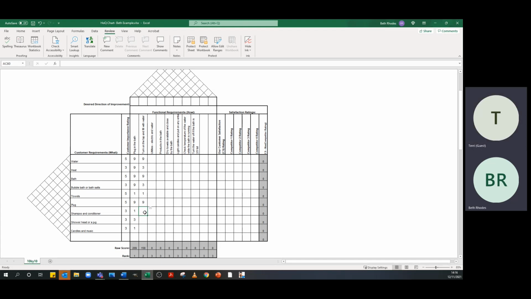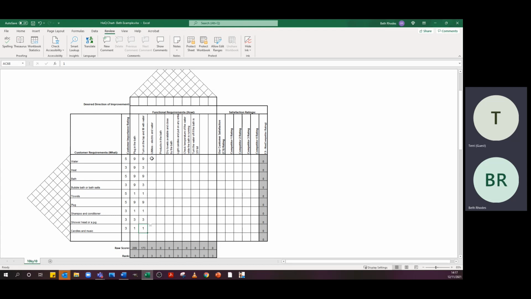No, I don't think that. I think it's a 1. What about the shower head or jug? See, this is a difficult one. I'd go middle, I think, because I do not disagree with you. You can't fill the jug without the tap. So yeah, 3. Candles and music? No, it's irrelevant. Number 1.